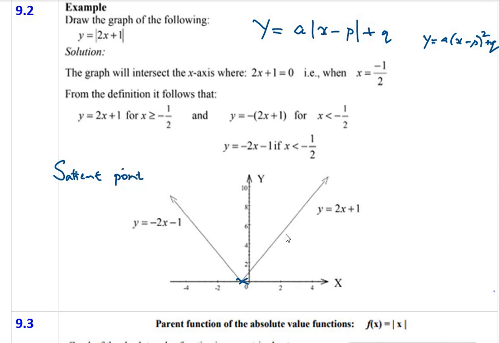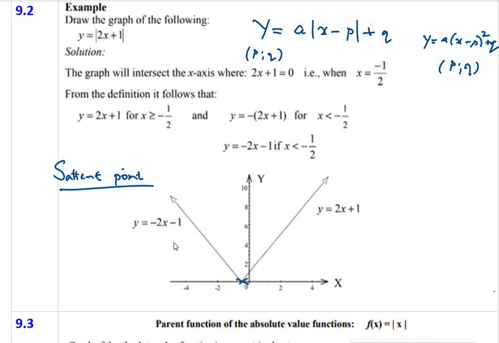And please, these are now straight lines. The two arms are straight lines. So it's a salient point or a vertex. And then, just like the parabola, we said the turning point is going to be PQ in the parabola. Now it's exactly the same here. Our salient point or our vertex is going to be PQ here. And then we're going to work out again the x-intercepts and the y-intercepts.